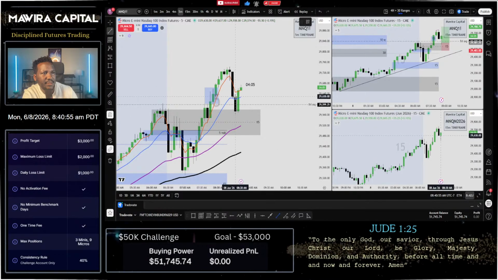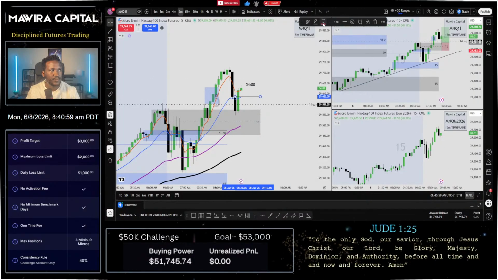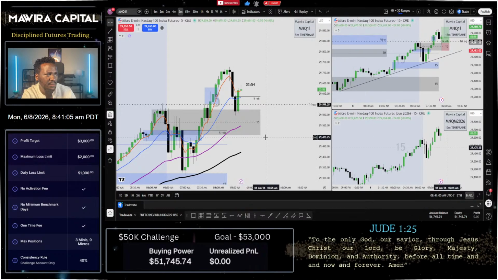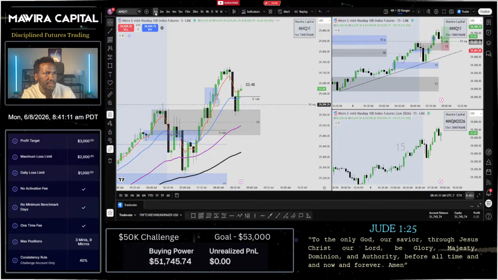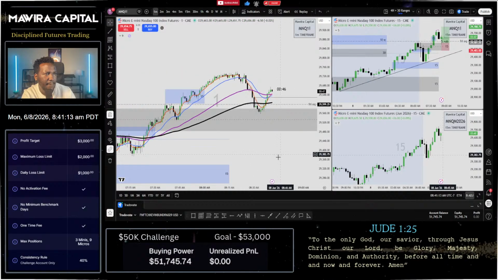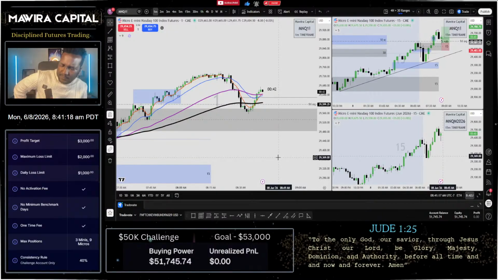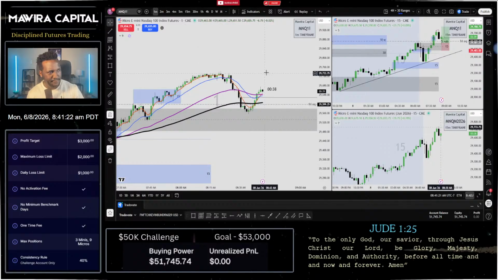Are you gonna re-enter or are you done? With a 0.25%, 0.1%. Well, let's see from here what it does. I cannot enter. The EMAs have to line up again so I can get a good clean setup.